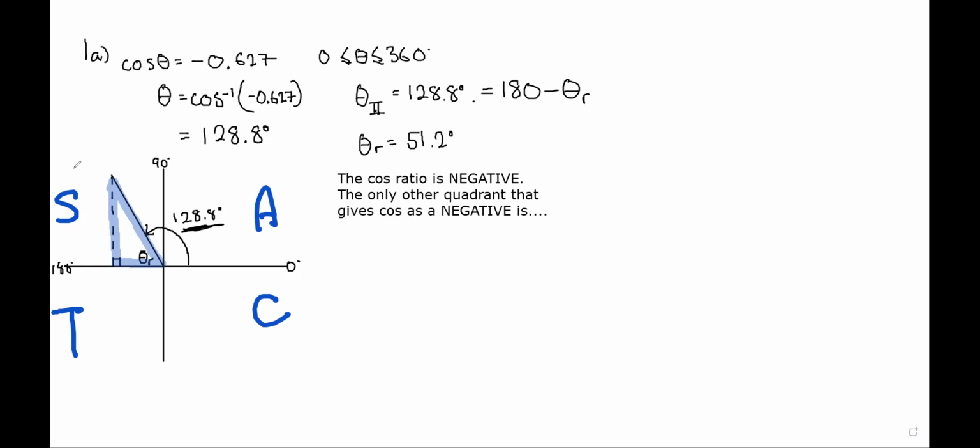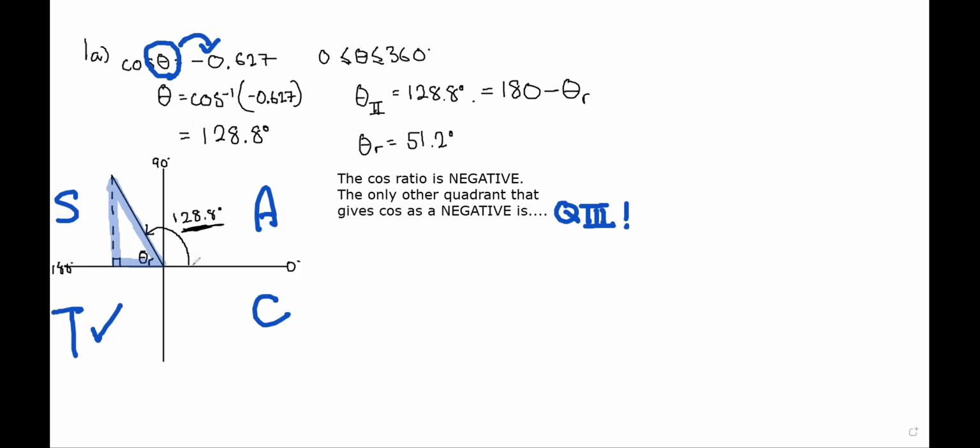In the second quadrant, only the sine value is supposed to be positive. And that's why it worked. Cosine here is a negative. That's the first time we see a cosine of the angle that fits this bill. In the third quadrant, only the tangent is going to be positive, which means the angle that we're looking for that gives me a negative cosine value is probably going to be in quadrant 3.